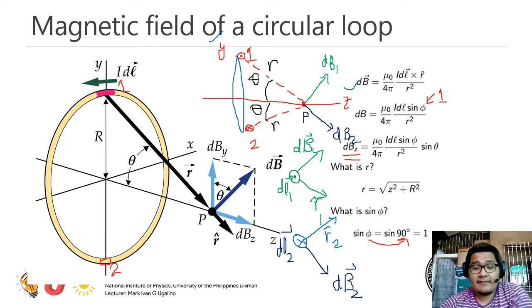They have the same orientation and the same distance. Hence we are pretty sure that the components of dB1 and dB2 along y and z have the same magnitude. But first, let us look at how this plays out.